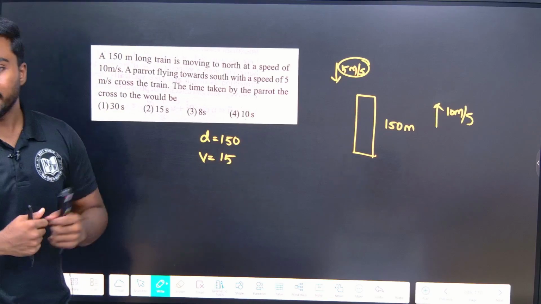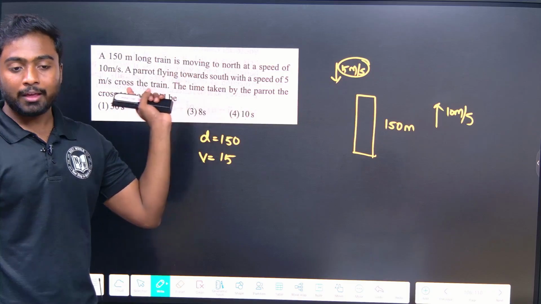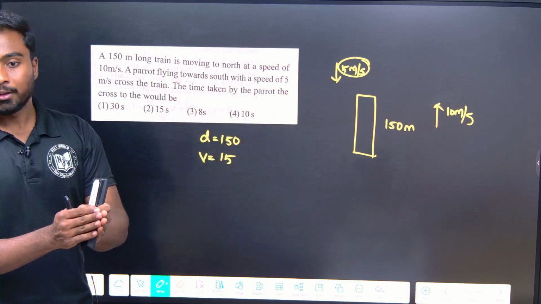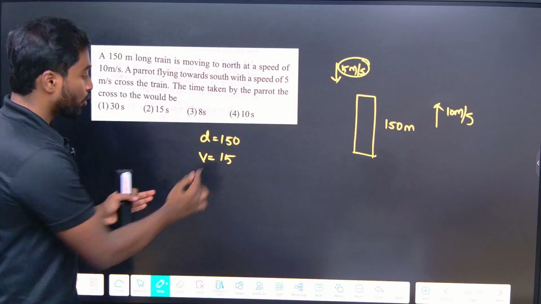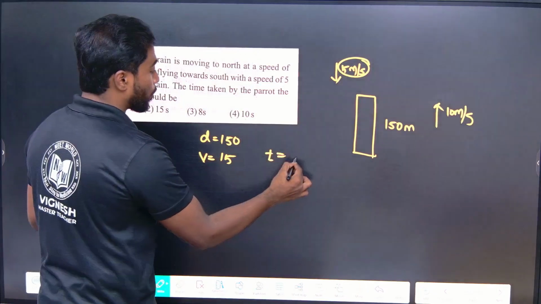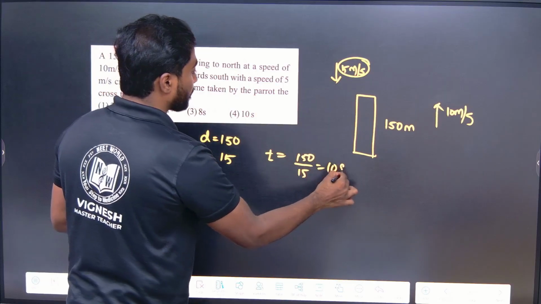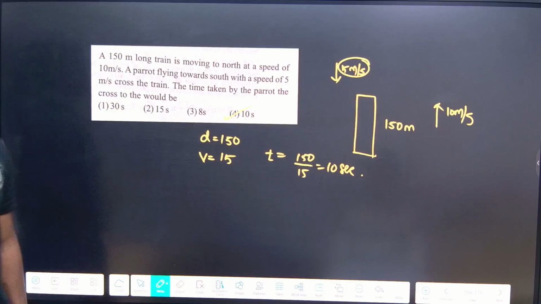Both are approaching each other. In the case we have studied, when they are going in the same direction, it gets subtracted. When they are approaching each other, they are added together. So 15. Time taken will be 150 divided by 15, which is 10. 10 seconds is the answer. Got it?